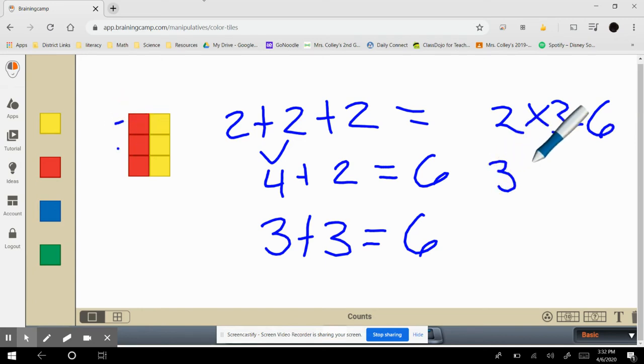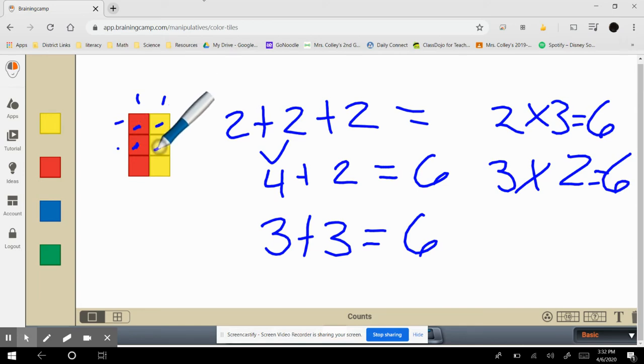So 3 times how many columns? 1, 2, equals 6. And one other way, you count them. 1, 2, 3, 4, 5, 6. Great job. Now, it's important to always show all of your work so that you make sure you got it right. So let's make another one.